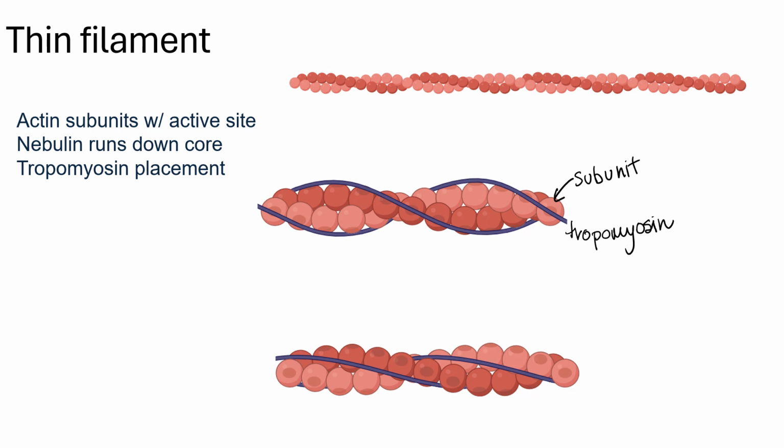In the picture at the very bottom, though, the tropomyosin has twisted to reveal all of those active sites. And although you can't see it, there is another rod-like protein running down the core of this that the actin subunits are attached to, and that rod-like protein running down the core is called nebulin.